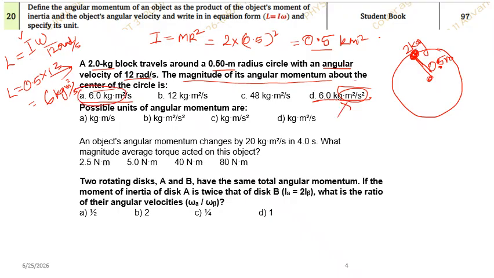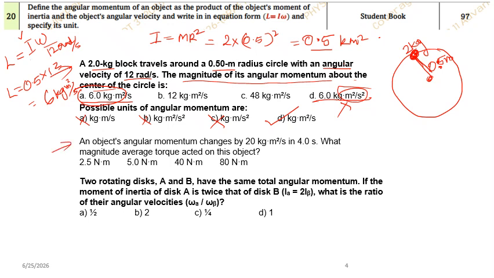Now, what is the possible unit of angular momentum? Kilogram meter second. This is wrong. Kilogram meter square second square. This is also wrong. So which one will it be? Kilogram meter square per second.